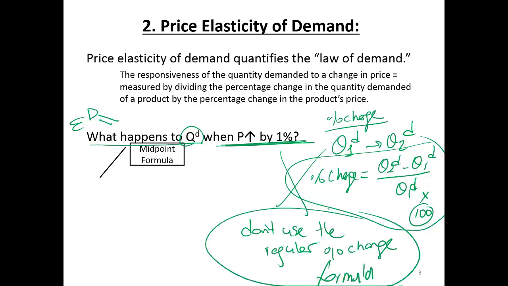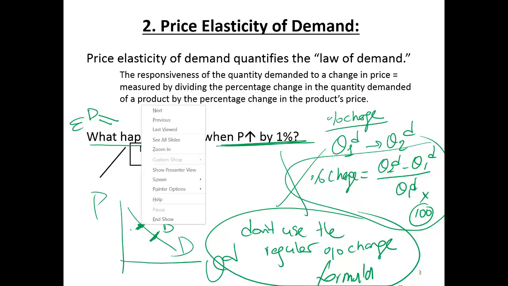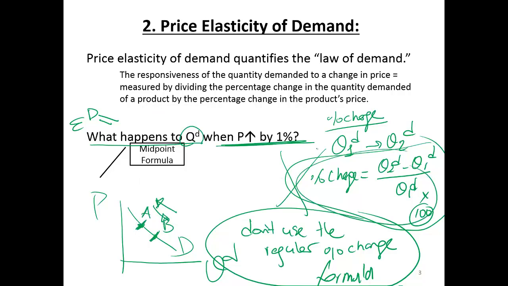Because regular percent change formula, so this is the demand curve, price, quantity demanded, actually gives you a different number if you're moving from point A to B versus B to A. However, you want to have an identical elasticity whenever you're moving A to B or B to A on the same segment. But if you use this guy to calculate your percentage changes, you're in trouble.